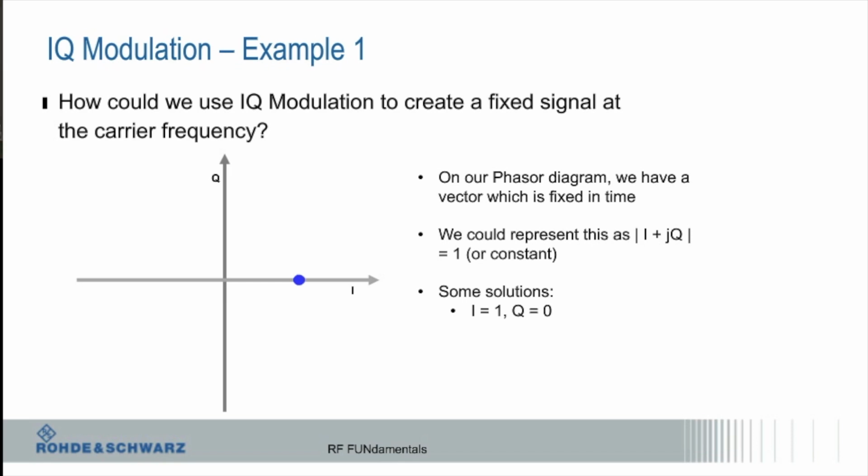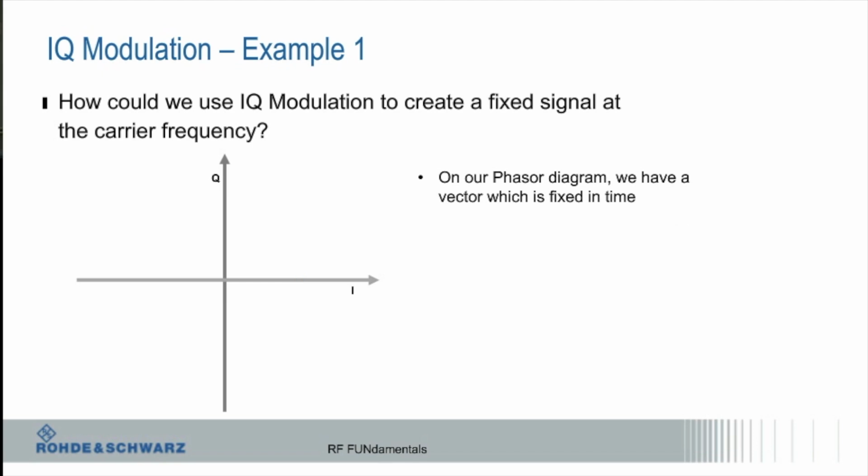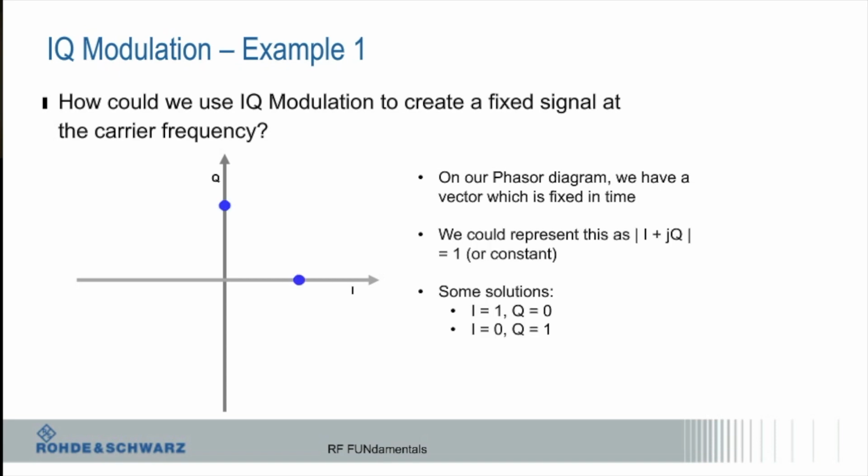So how could we use this to create a fixed signal, i.e. just a carrier? This is somewhat uninteresting, but you have a vector which is fixed in time. This shows the I and the Q, but it's constant, so it gives you a fixed point.